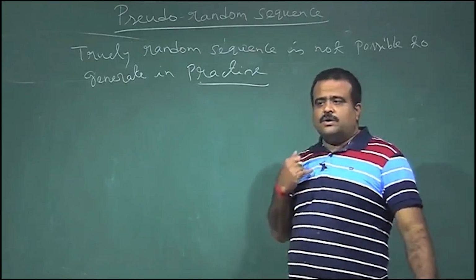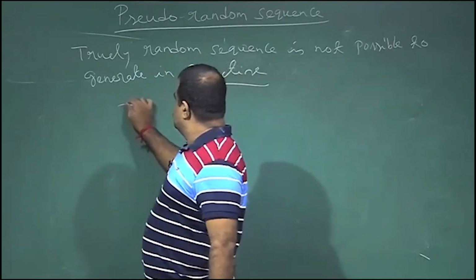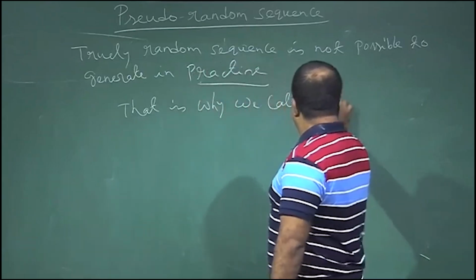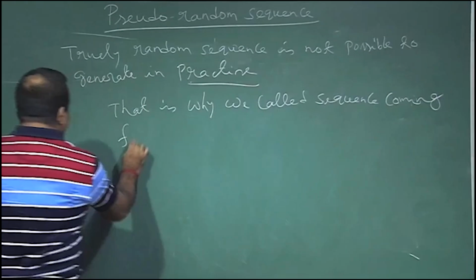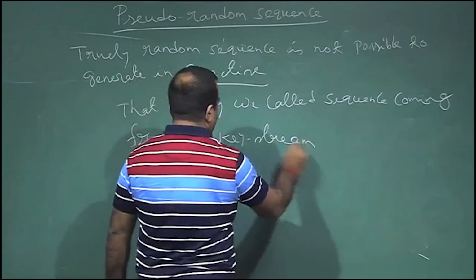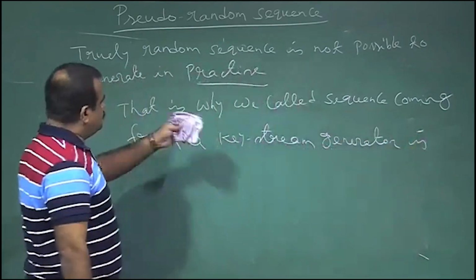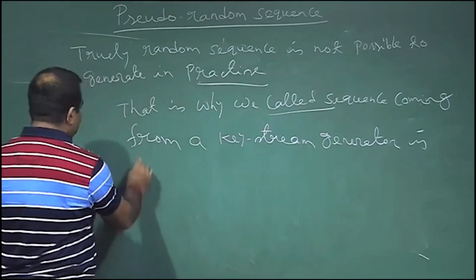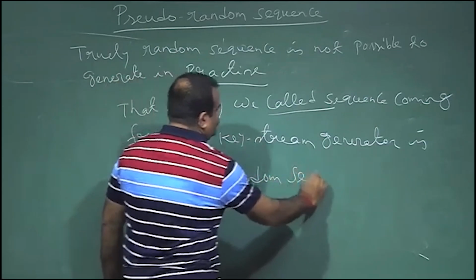That is the reason the sequence we generate from the key stream generator is called a pseudo random sequence instead of a truly random sequence.